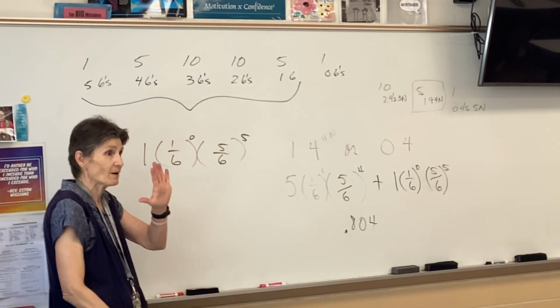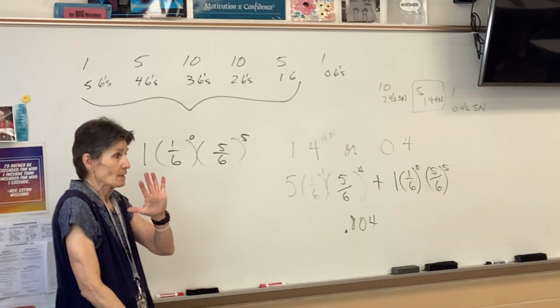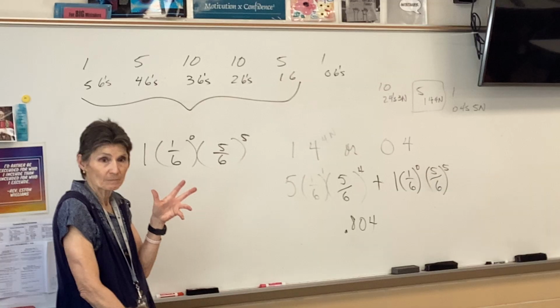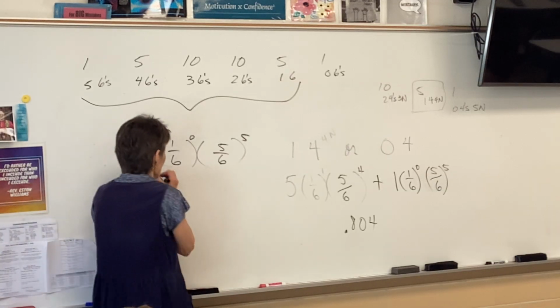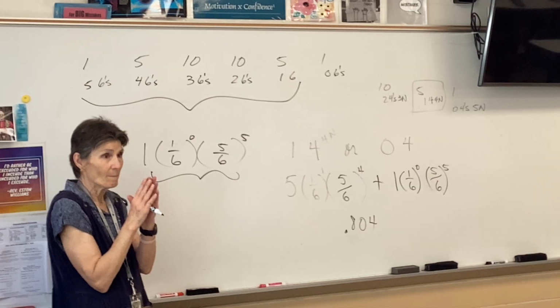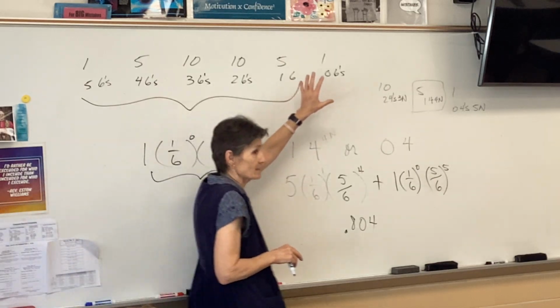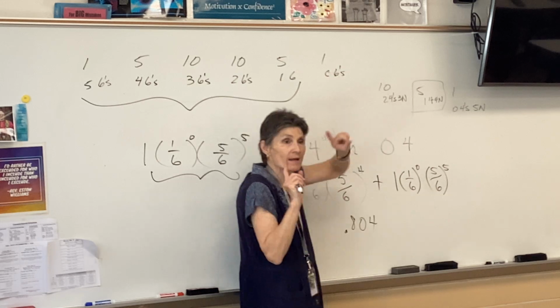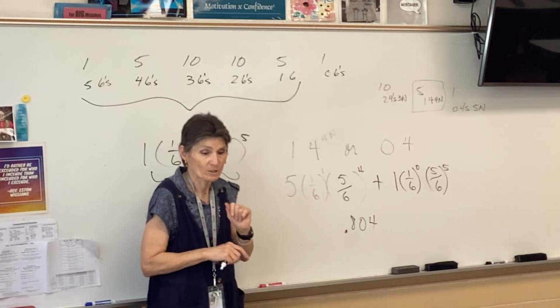Remember, I'm rolling the die 5 times. So no 6s, 5 other things. That is not the answer to the question. You're gonna subtract that from 1, and that's gonna be the answer.